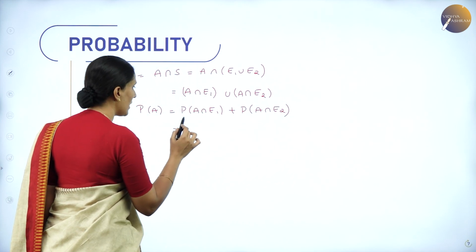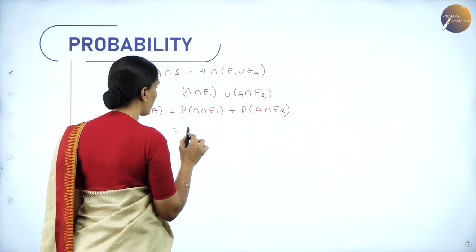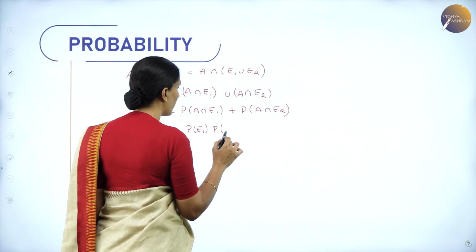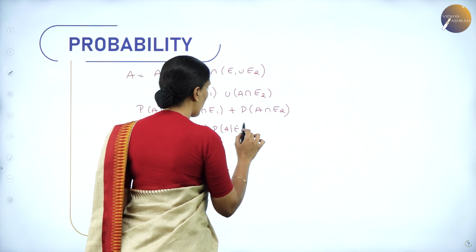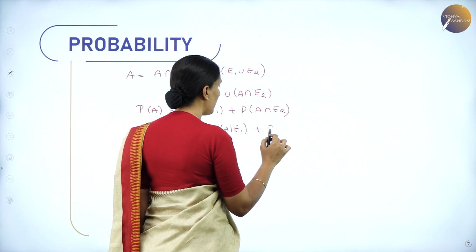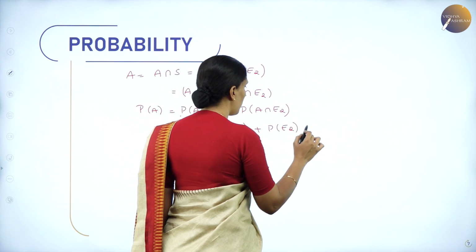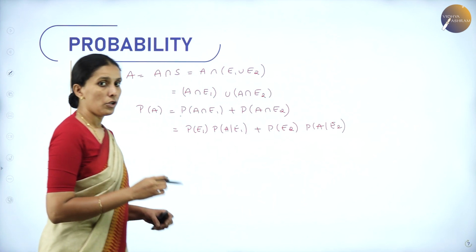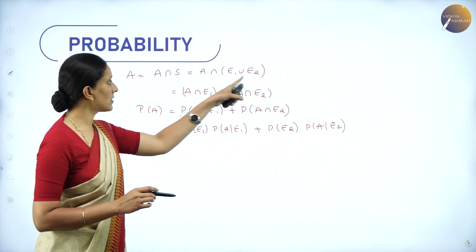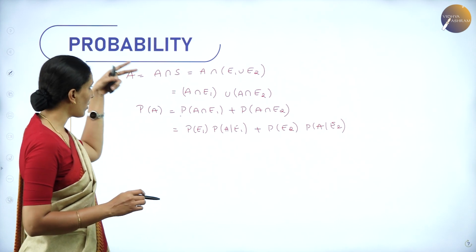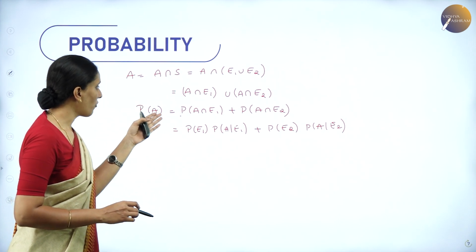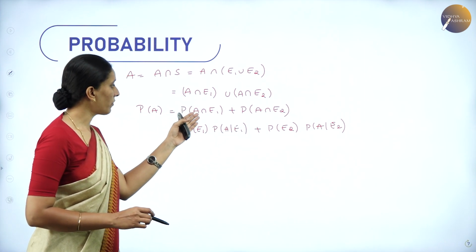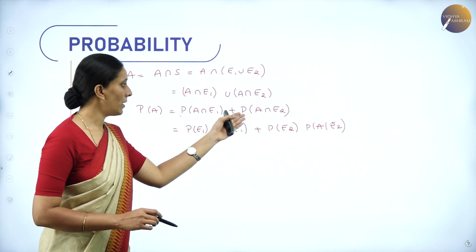So this can be written, using the multiplication theorem of probability, as probability of E1, probability of A given E1 has already happened, plus probability of E2, probability of A given E2 has already happened. So if E1 and E2 represent the partition of the sample space, then for any event A, the probability of A can be given as the sum of probability of A intersection E1 plus probability of A intersection E2.